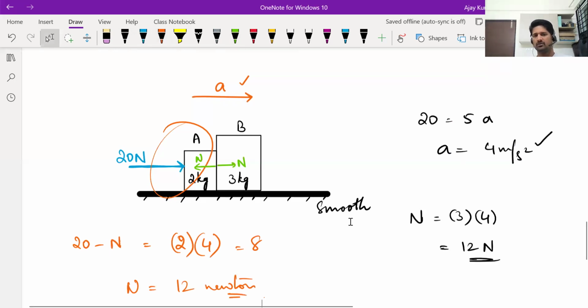Okay, so if you are sure that objects are going to move together, you can do this. Let's try one more question like this.